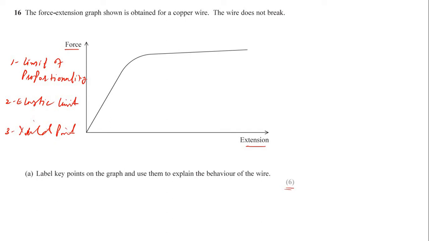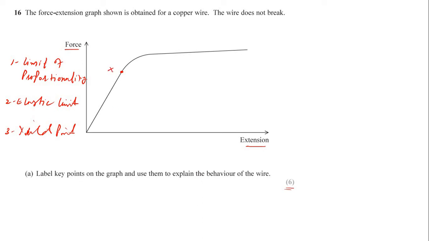The limit of proportionality is the point on the graph where the graph shows linear behavior. That's why it's called the limit of proportionality. That means you can choose a point until the line stays linear in your point of view. Let's choose, I guess, this point and mark it as x.